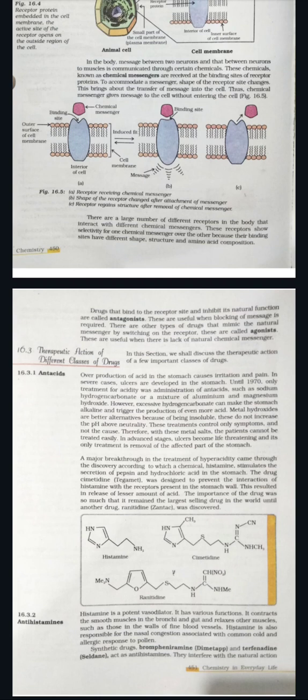Histamine is also responsible for the nasal congestion associated with the common cold and allergic response to pollen. Synthetic drugs such as brompheniramine and terfenadine act as antihistamines. They interact with the receptor.